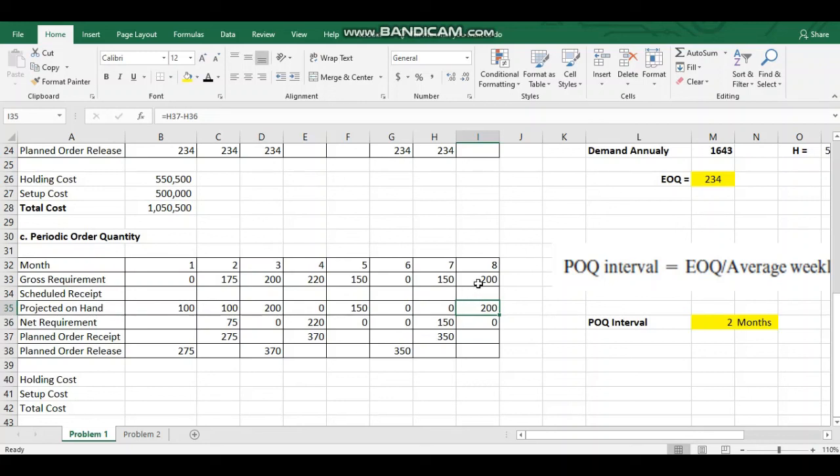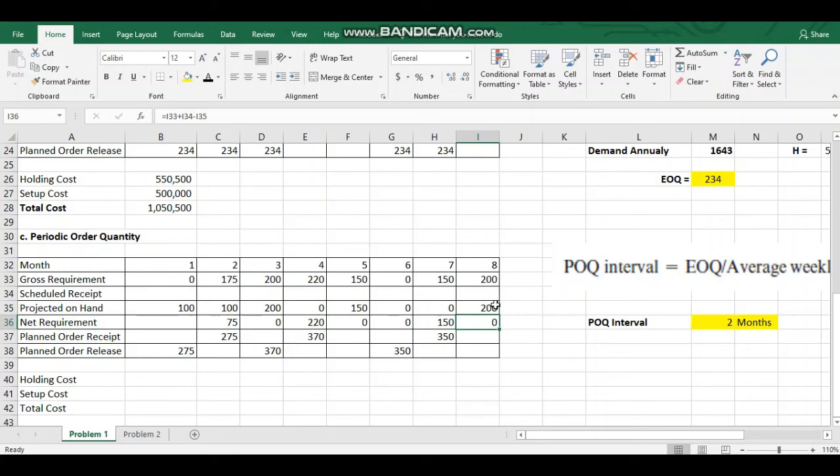Since the gross requirement equals the projected on hand, or our inventory, there is no net requirement. So that's the end of the periodic order quantity technique.